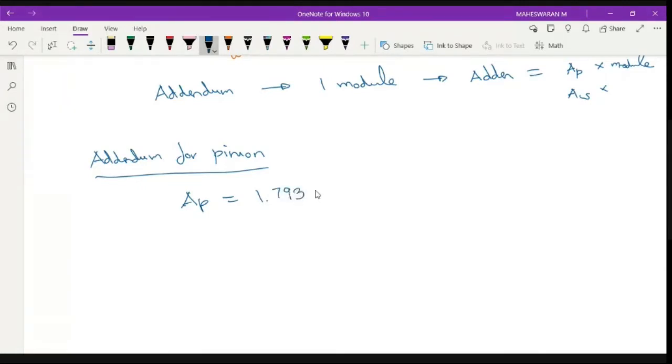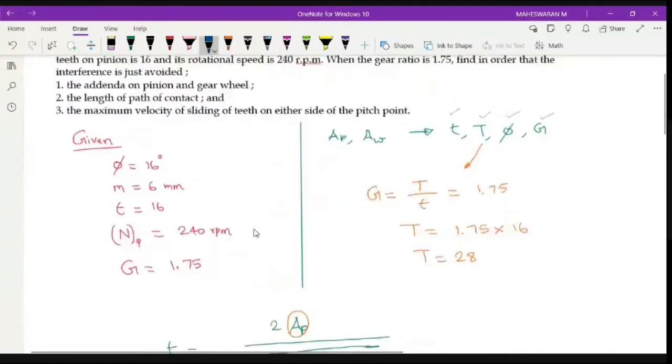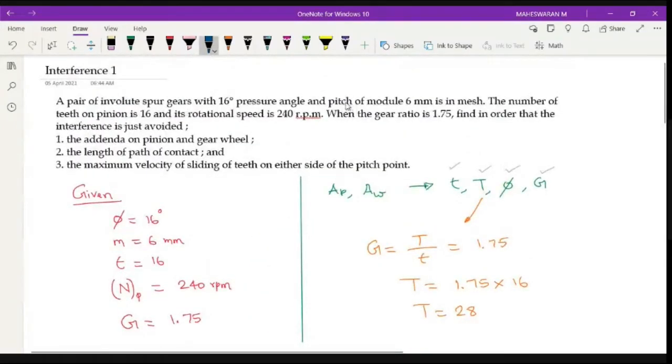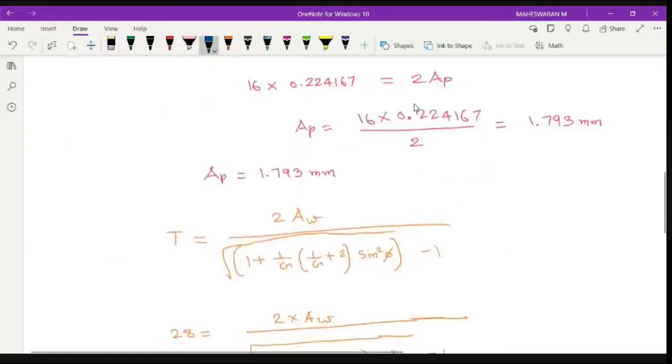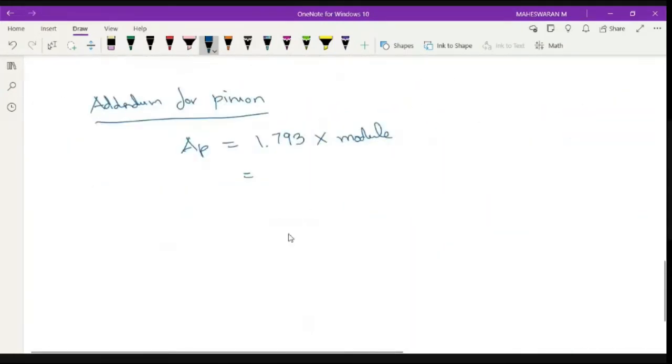This you have to multiply with your module. So let us identify the module. In the question, the module is 6 mm, which means I have to multiply this with 6.